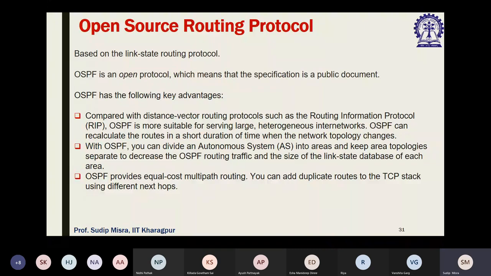Now, as in the case of RIP, the detailed specifications of OSPF are also very vast. Hundreds of pages of documentation are there, which is not feasible for a course like this. So it is sufficient to remember only some of the salient features like this. The most important thing to remember is the main philosophy behind these routing protocols, which is link state or distance vector.